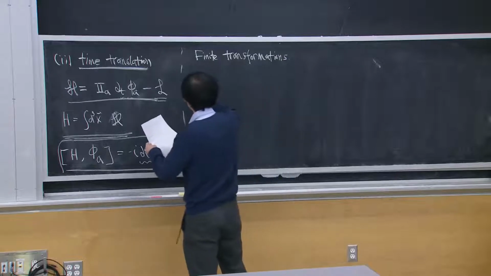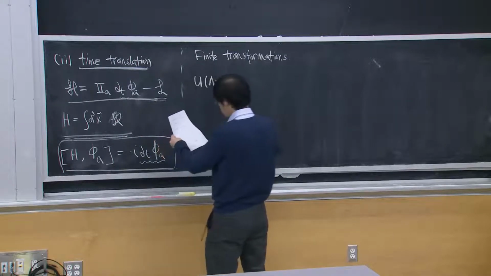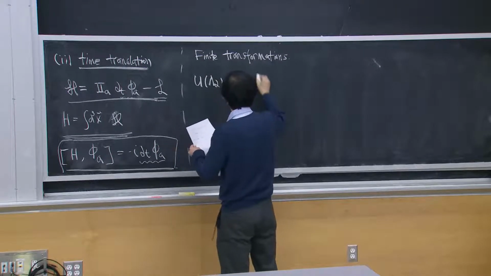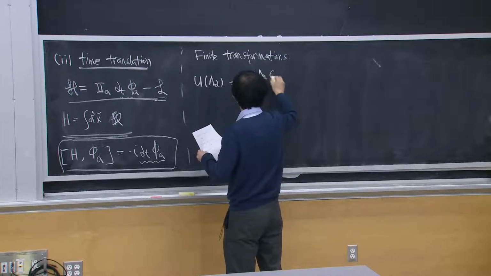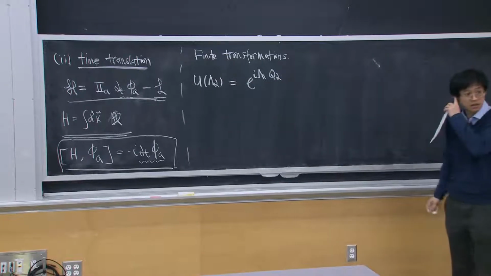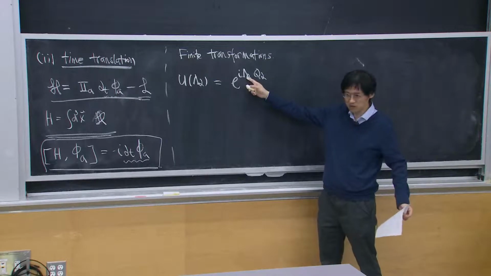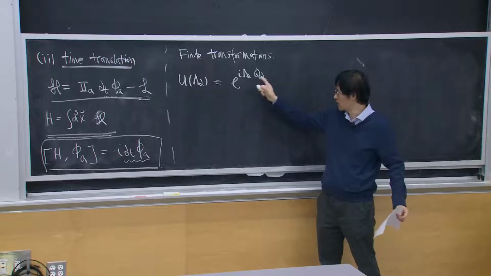Let's consider, say, U lambda alpha, where lambda alpha are just some parameters. Let's consider this quantity. Now I exponentiate this Q. Q is the operator, and lambda is just some constant numbers. And again the alpha is summed.